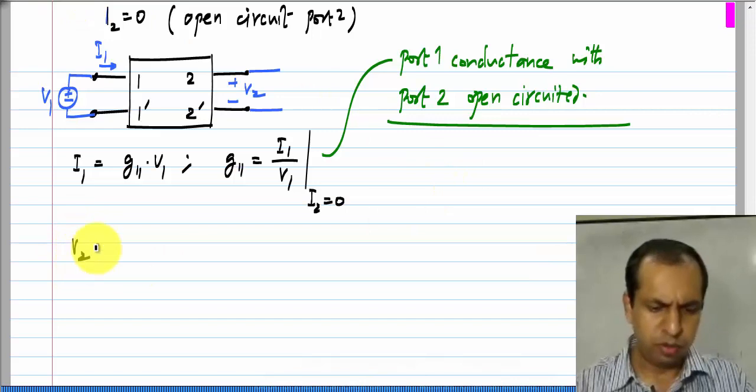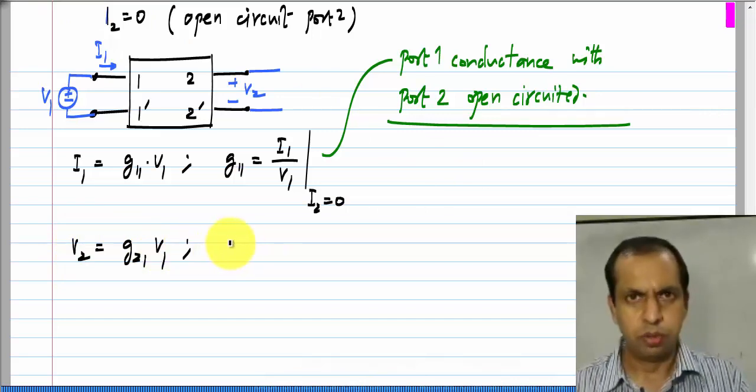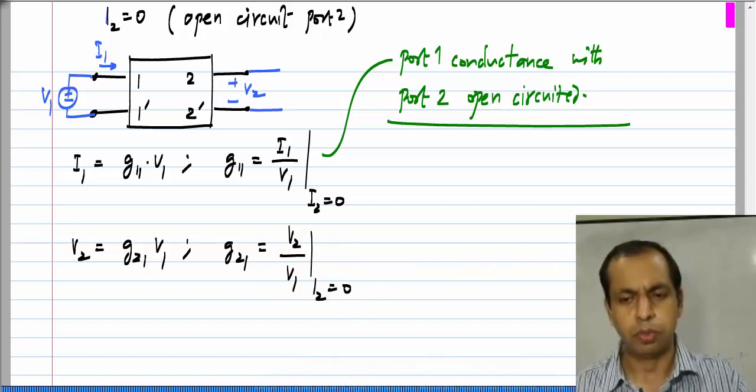Now, V 2 will be G 2 1 V 1. So, G 2 1 will be nothing but V 2 by V 1 with port 2 open circuited.